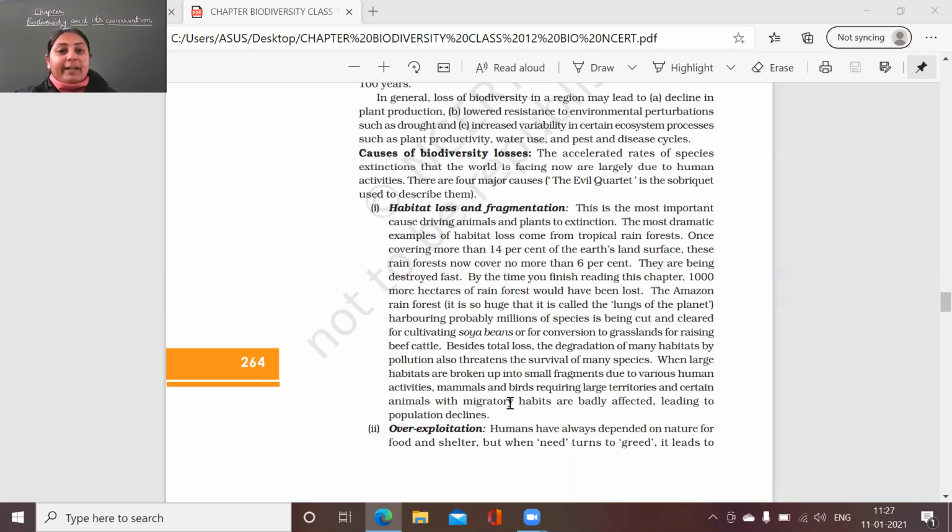Okay, so the species are roaming over large habitats, and when their large habitats are broken into smaller fragments because of some human activities, then some of the species are able to migrate from those habitats to other places, where behavioral changes occur in those species. But there are some species which do not like to move to other places.